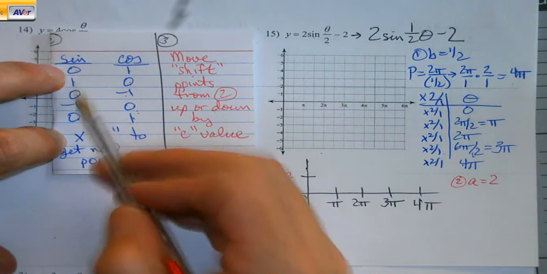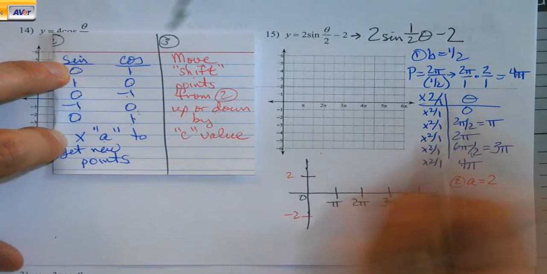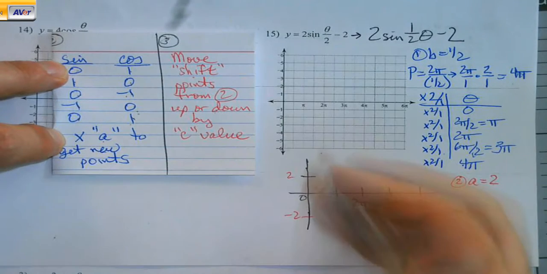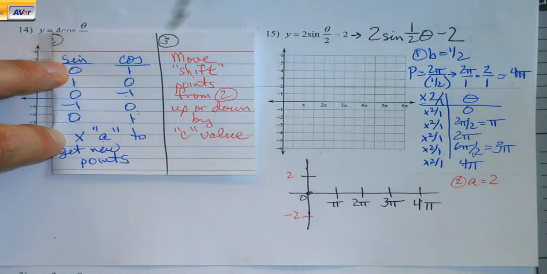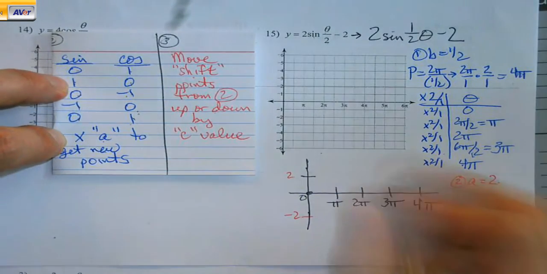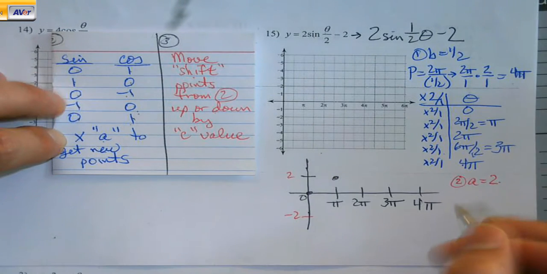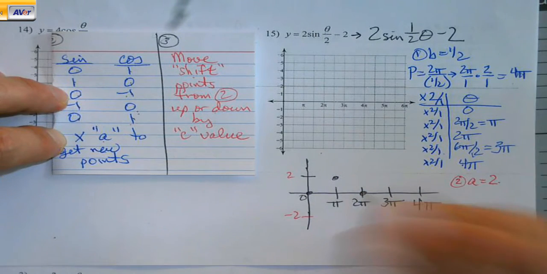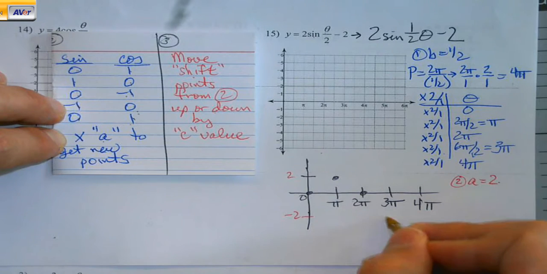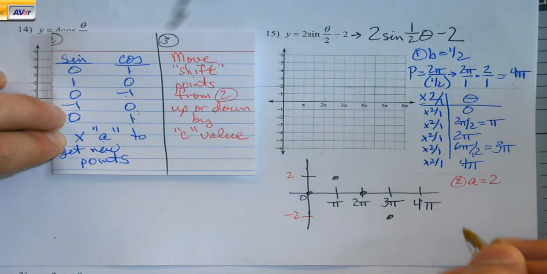Here's my sine values. So 2 times 0 is 0. 1 times 2 is 2. 0 times 2 is 0. Negative 1 times 2 is negative 2. And 0 times 2 is 0.